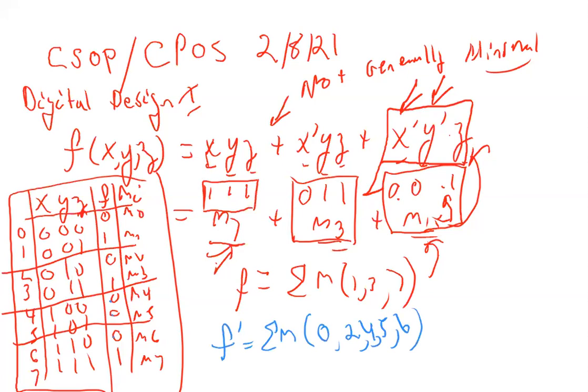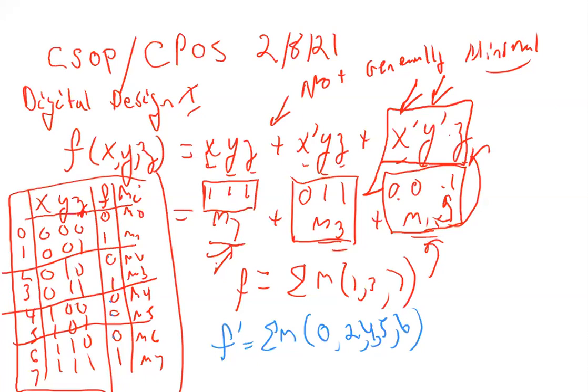Is it making sense? People okay with this? Any questions? I had a quick question. Yeah, sure. Professor, in the initial function that we wrote, how come there's no z prime? Didn't you say that for the canonical sum of products there has to be a representation of each type, or is that not necessarily true?